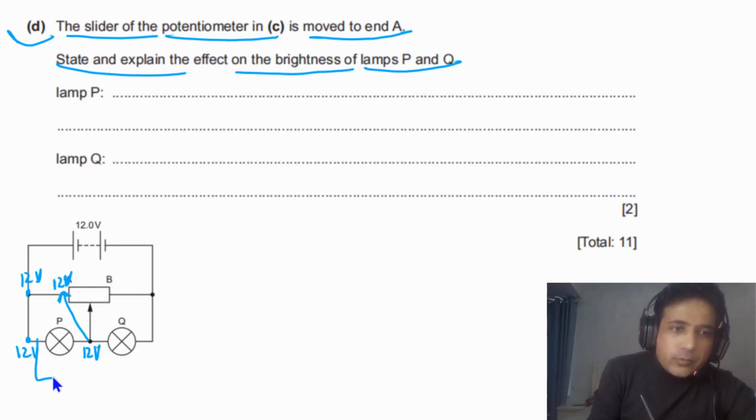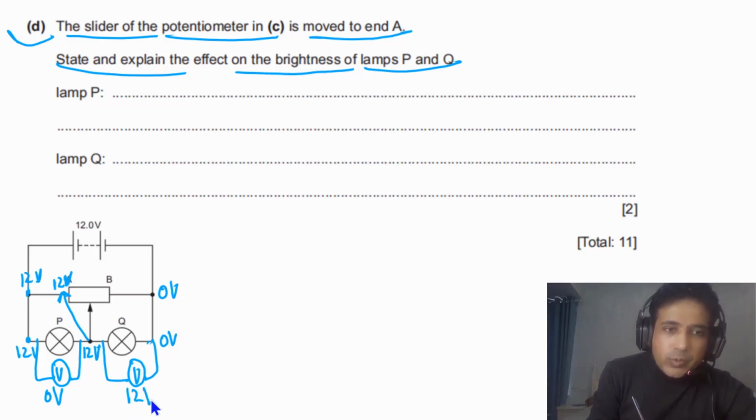If we connect our voltmeter across lamp P, the potential difference across this lamp will be equal to 0 volts. If the potential difference across lamp P is 0 volts, then for lamp Q, we can consider the potential at this point to be 0. If we connect a voltmeter across lamp Q, the potential difference across lamp Q has to be equal to 12 volts.